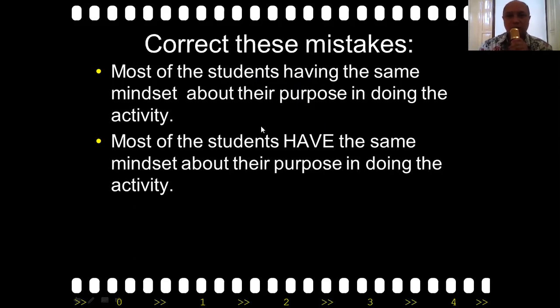Now the correct one is after the subject, you have the correct form of the verb here, have. This is in the present tense, so it is have after the students, not having, but have. Yeah. See, remember the pattern of a simple present tense, subject, and then verb one.